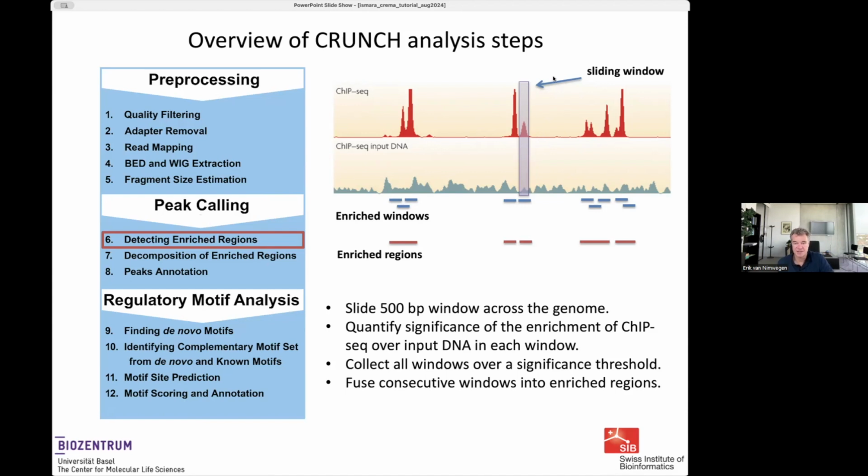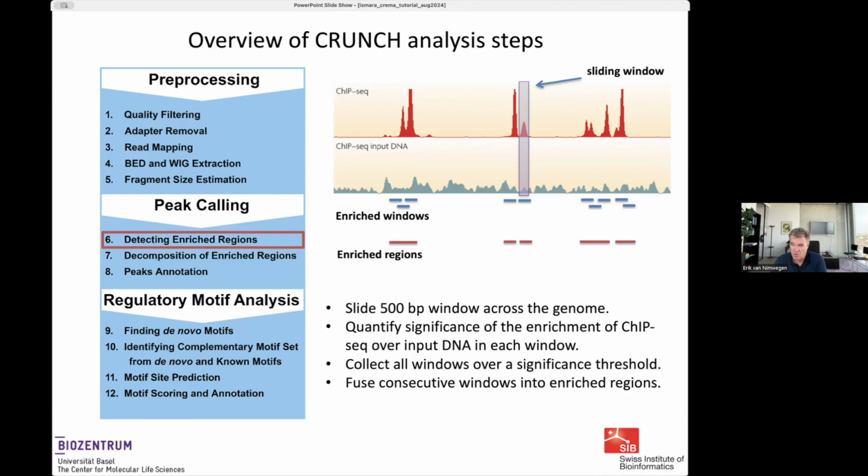And then basically we compare the density of fragments in a foreground sample that has been chipped versus some input DNA sample that should in principle be uniform along the DNA. And then we collect all the windows that are over some significance threshold for enrichment. And then afterwards, we fuse overlapping windows into regions that are enriched.